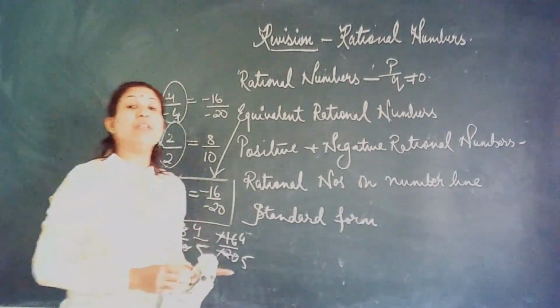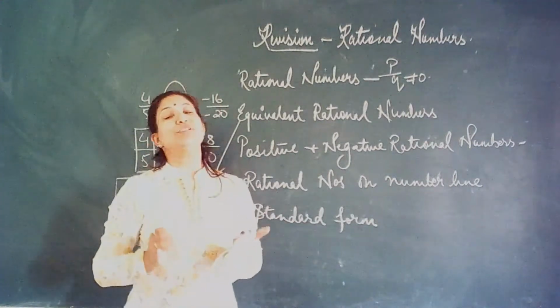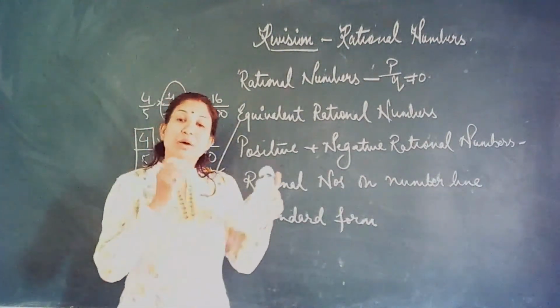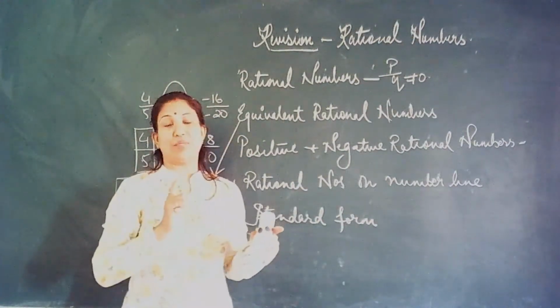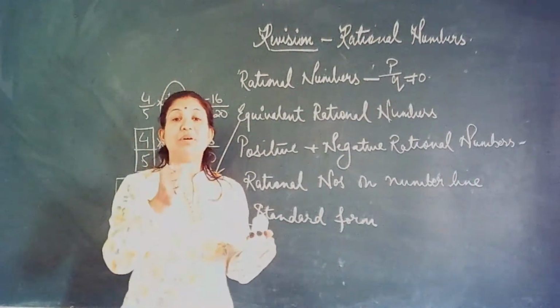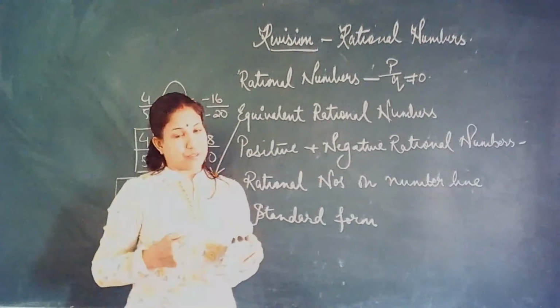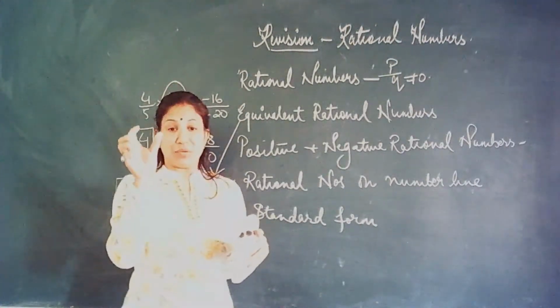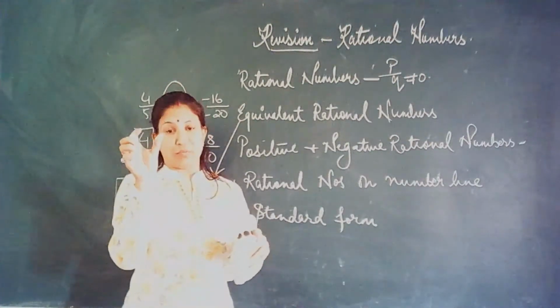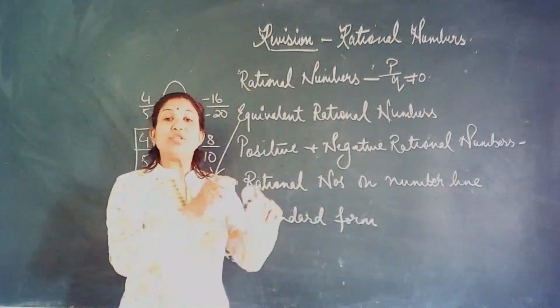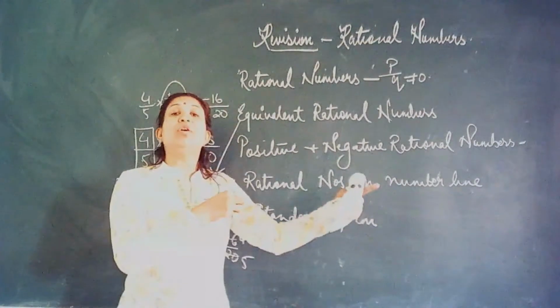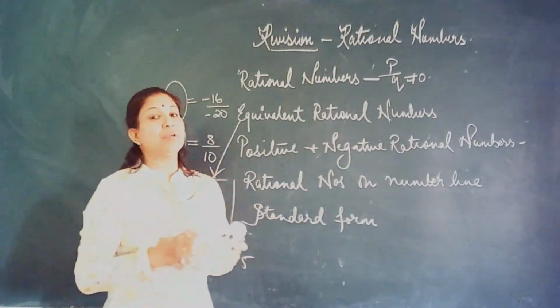So this is the meaning of equivalent rational number, where you multiply and divide by the same number. This is a starting point. You take the same number and multiply and divide. The resultant value that you get is your equivalent rational number, which on simplification will give you back the same number.